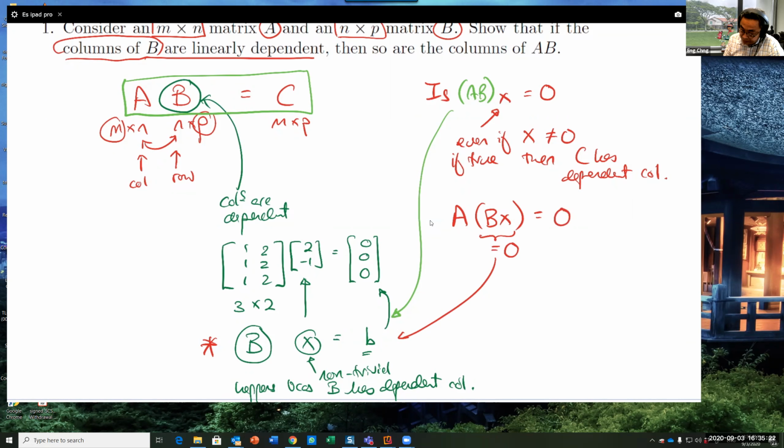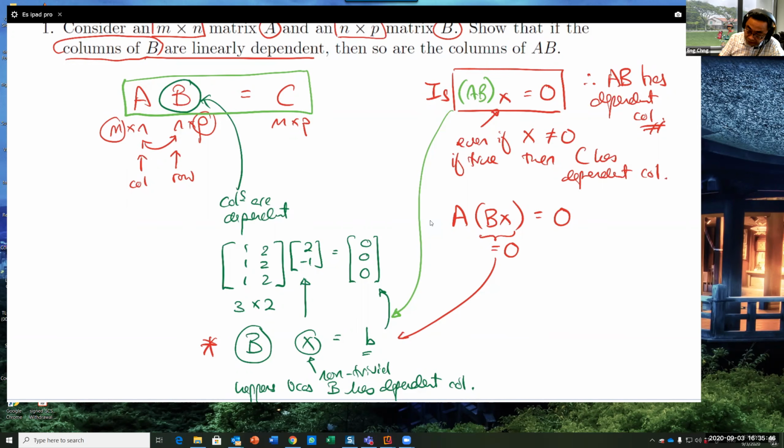So because of this fact, we know that this is true even though x is not equal to 0. And therefore, AB has dependent columns. Okay, so this is the argument.